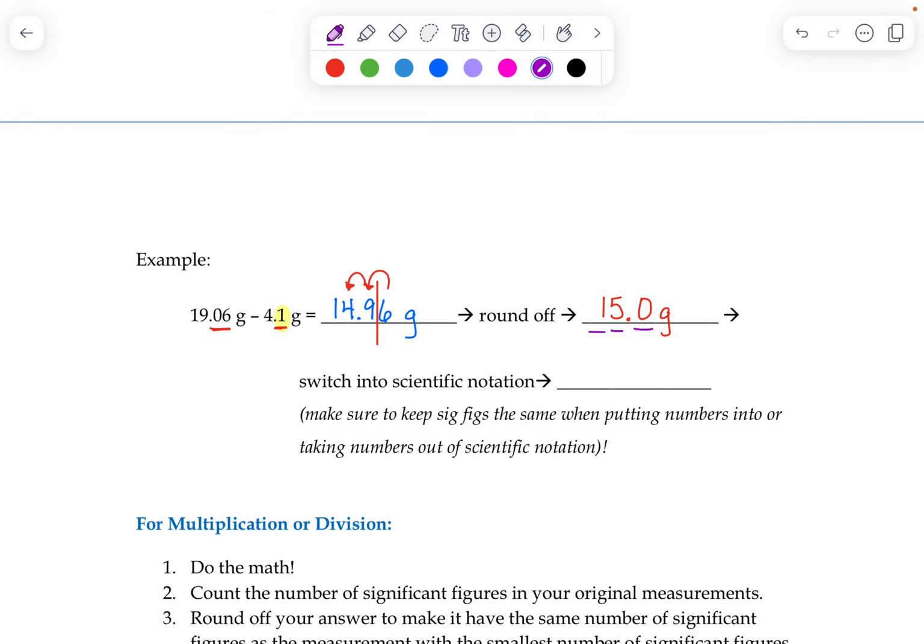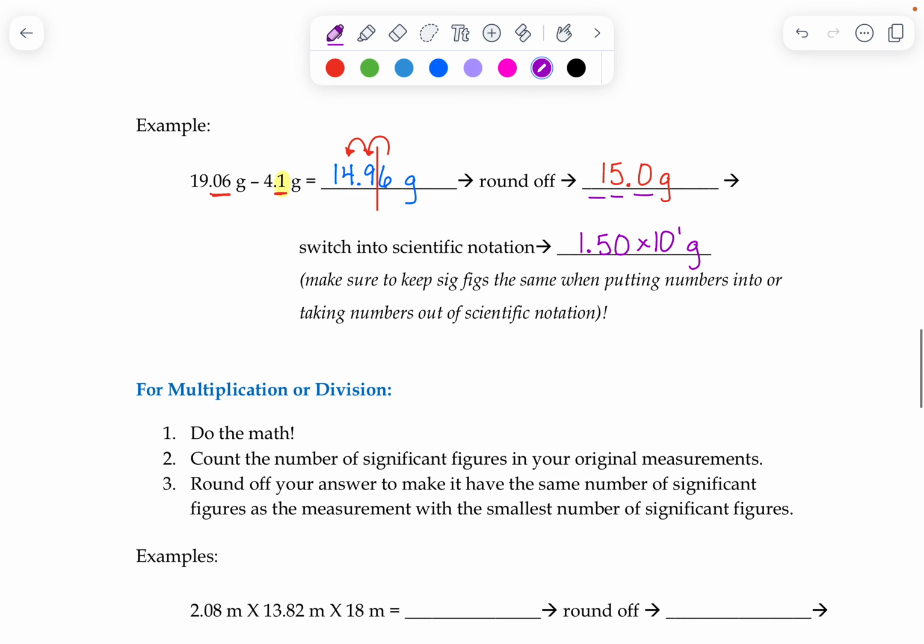That's a right 0 there. And so if I were to take this guy and put it in scientific notation, I want to keep 3 sig figs. So I wouldn't just write 1.5 times 10 to the first. I'm going to write 1.50 times 10 to the first. So that way I can keep my 3 sig figs.